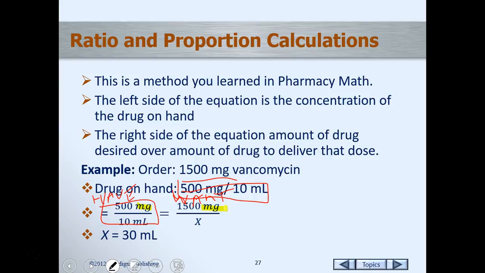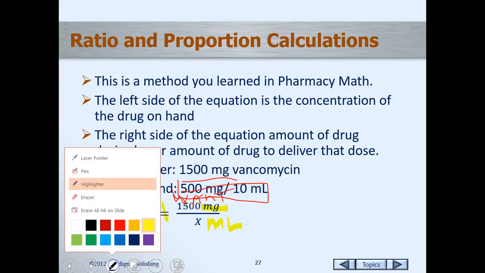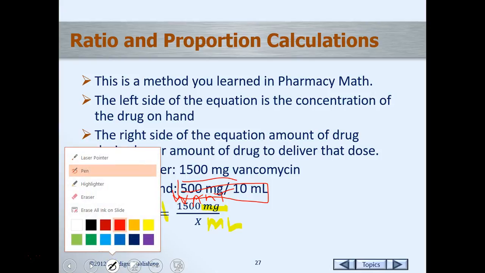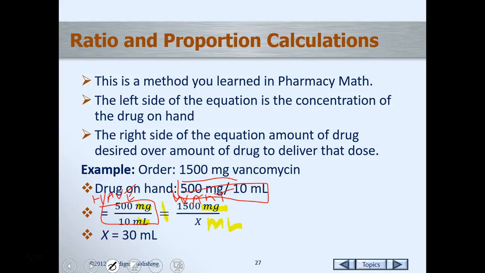Now, this is like a balance beam. We have an equal sign. So whatever's on top on one side has to match on the other so that they're equal. So that tells us that if we have milliliters over here, then our answer will be in milliliters. So then we would go through this problem and doing our calculations and isolating x.